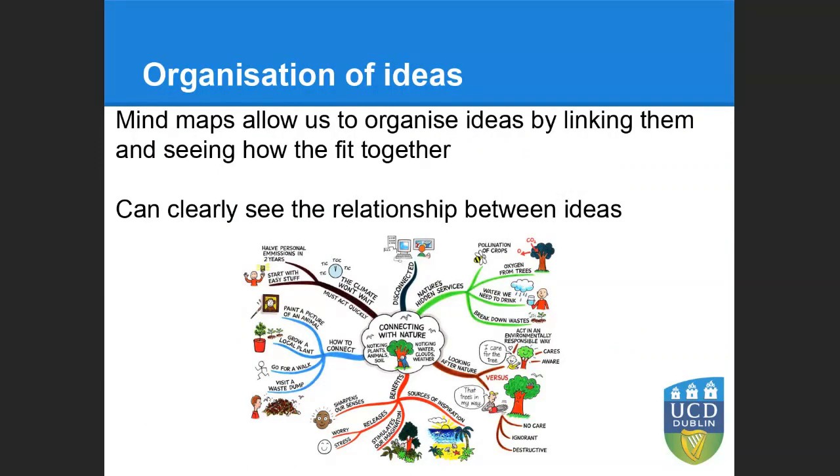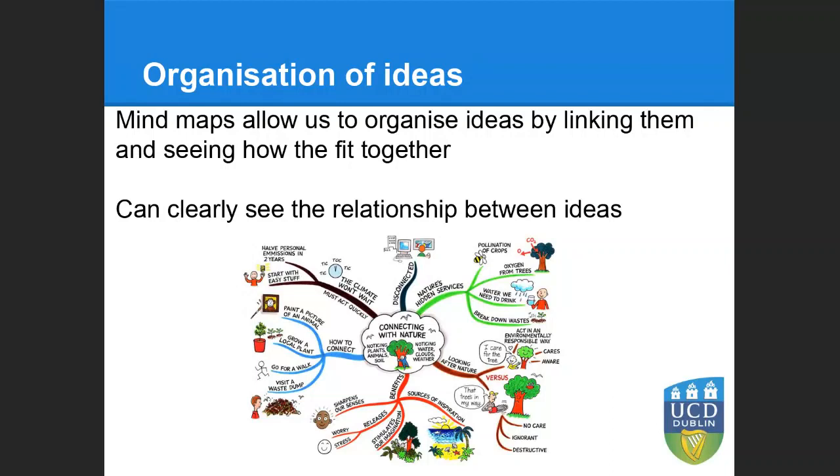Mind maps really are here to help you organize your ideas by linking them together and seeing how they fit in with one another. It's then that you can start to see relationships between things. So sometimes, you can have a lot of ideas you might want to put into an essay, but you don't know how to link them up. And that's the beauty of a mind map.